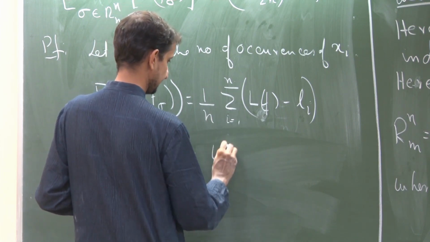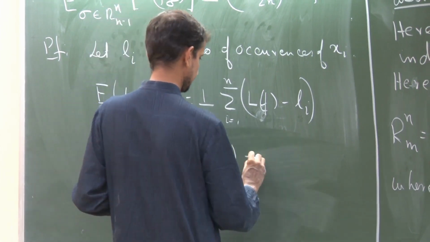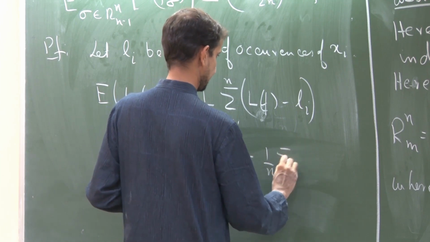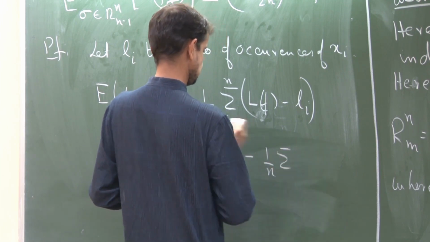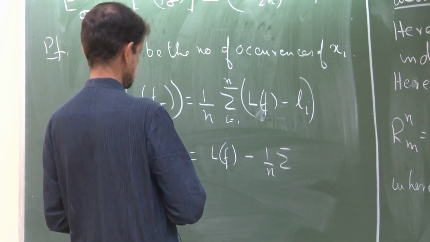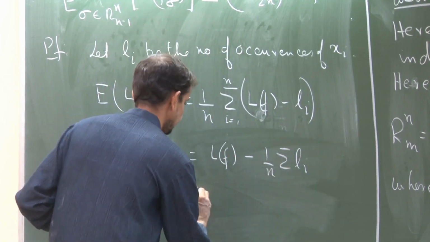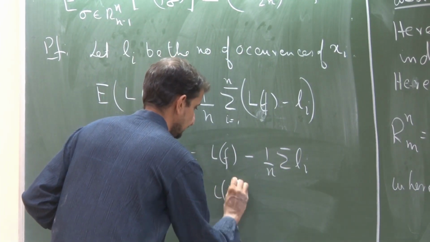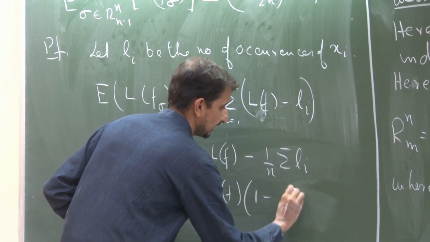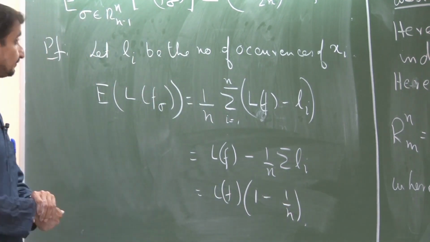So, this would just be L of f minus 1 by n sigma Li. Okay, sigma Li is L of f. So, now I have L of f times 1 minus 1 over n. This is what I wanted.